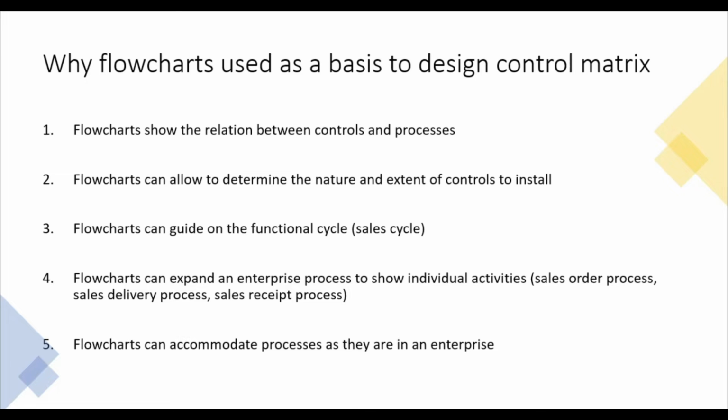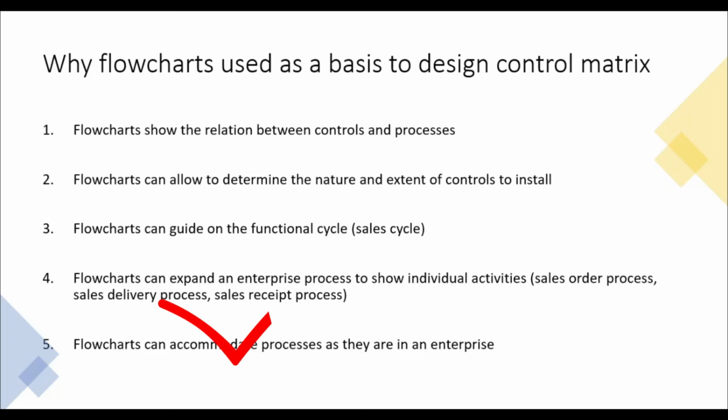A flowchart can guide on the functional cycles, like sales cycles. It can also expand an enterprise process to show individual activities, like the sales order process, sales delivery process, and sales receipt process, and then expand into the activities that are conducted under each process.